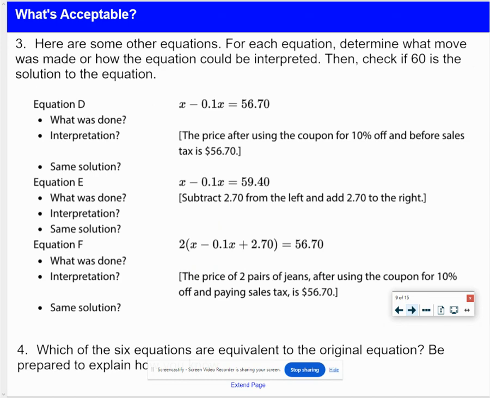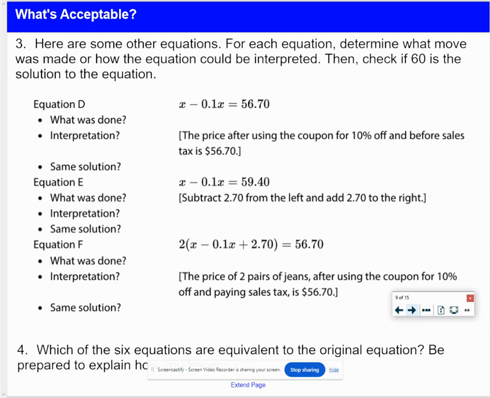Okay, now on page 179, I've got three more equations. It says for each equation, determine what move was made or how the equation could be interpreted, and then check to see if 60 is a solution. And again, saving us some time, 60 won't be the solution. It's a secret.